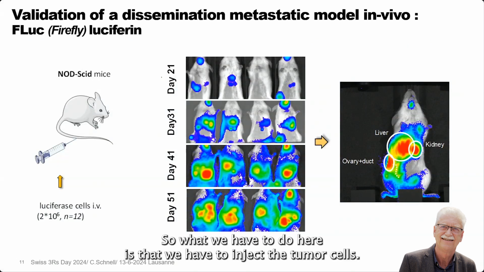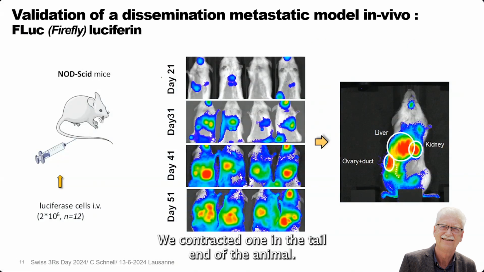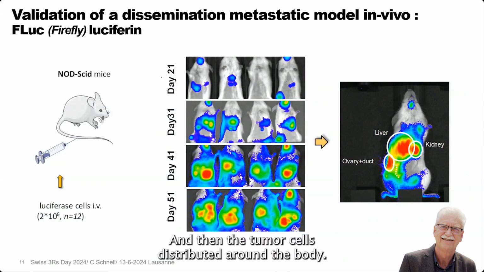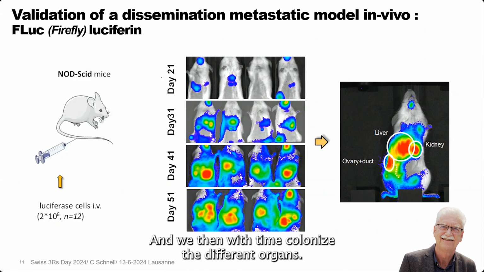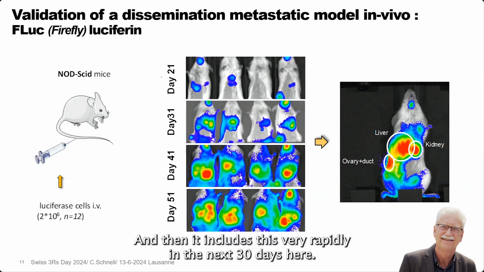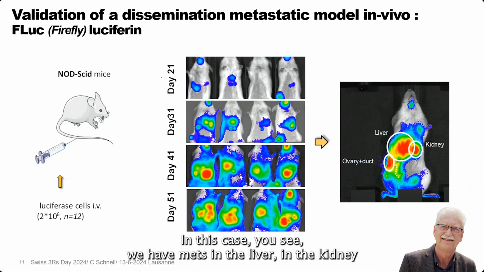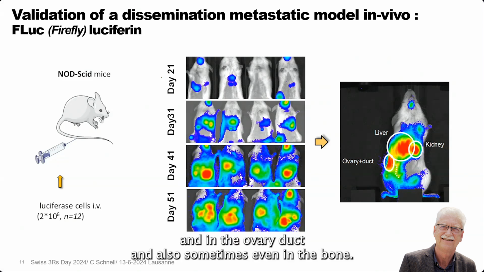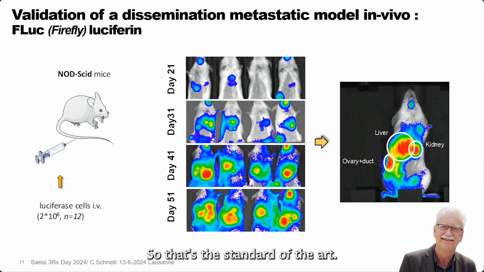So what we have to do here is inject the tumor cells, the transfected ones, into the tail vein of the animal intravenously, and then the tumor cells will disseminate around the body and will then, with time, colonize the different organs. But you see, it takes basically 21 days until you start to see something, and then it increases very rapidly in the next 30 days. Here in this case, you have mets in the liver, in the kidney, and in the ovary duct, and also sometimes in the bone. So that's the state of the art.